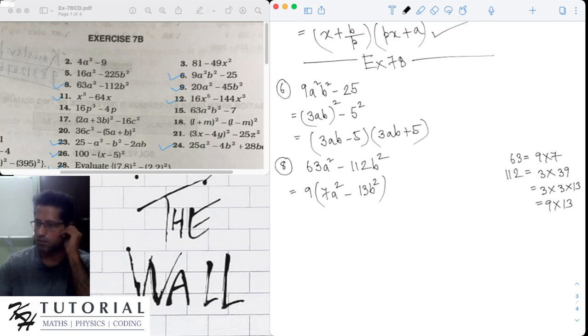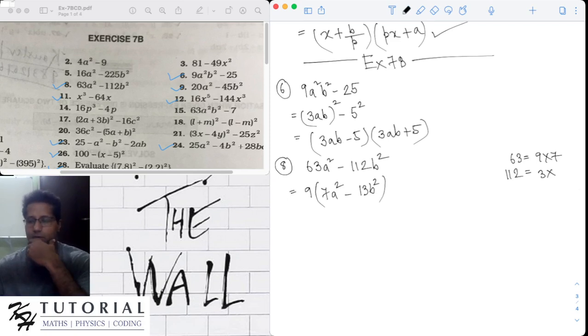Oh, I did it wrong, sorry. 112 is not 3 into 39. It is not divisible by 3.